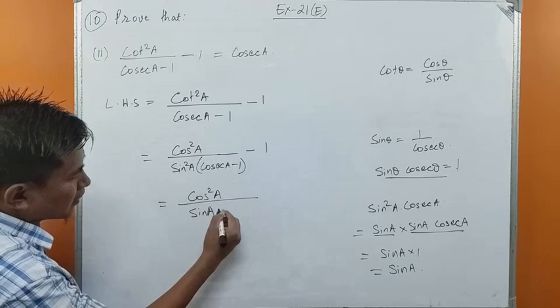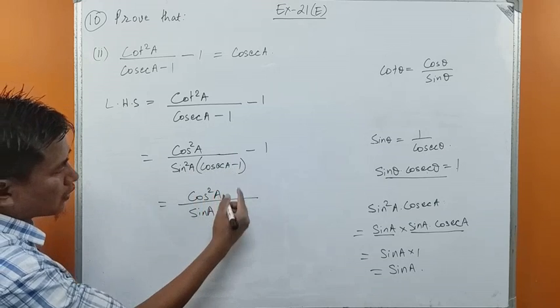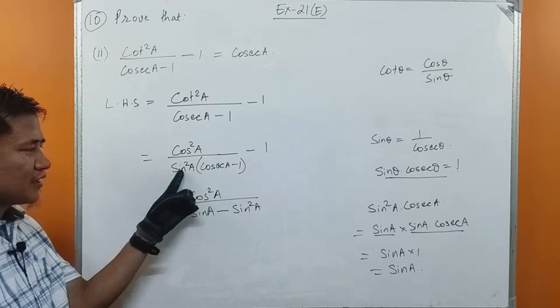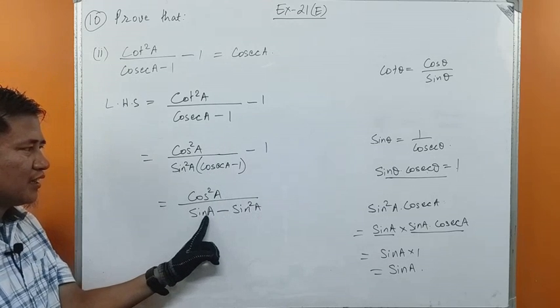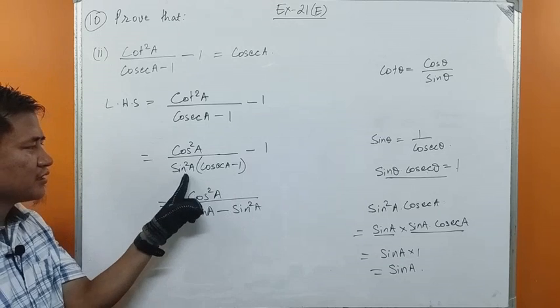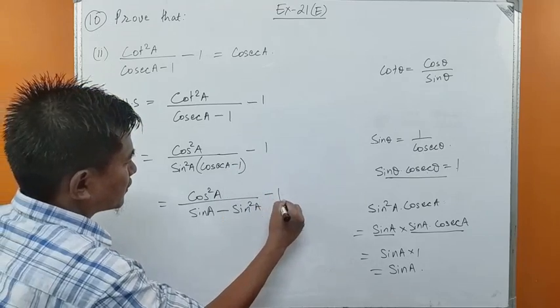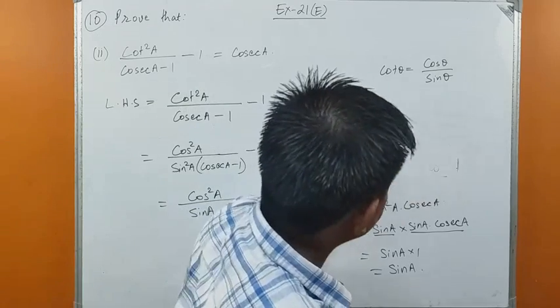Now minus sin square A into 1 is sin square A. Sin square A into cosec A is sin A. This minus comes here. Sin square A into 1 is sin square A. This minus 1 comes here. Okay, now let me continue here.